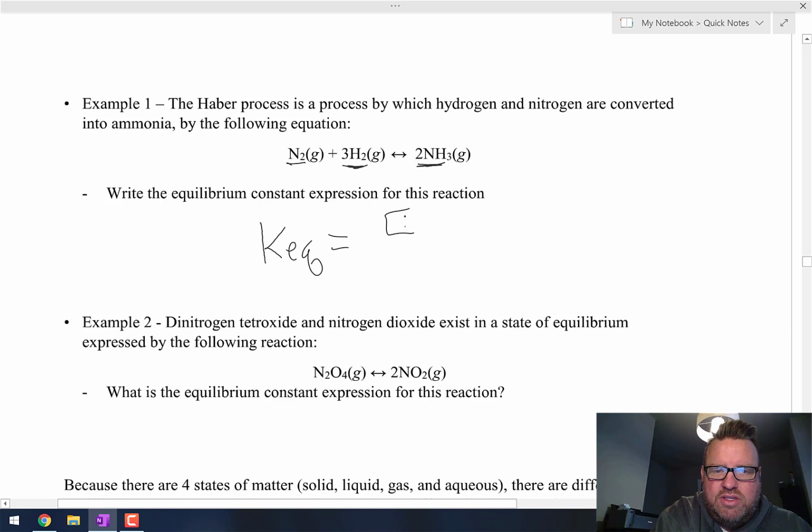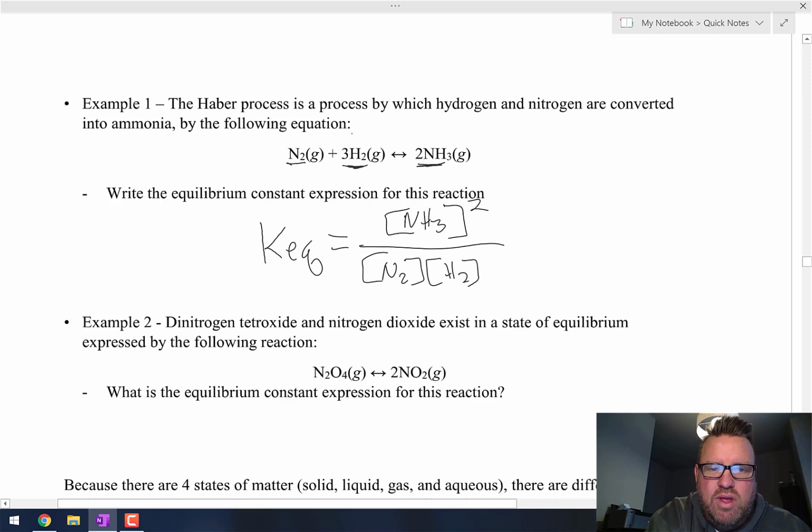So it's the concentration of NH3. Do we have to put those square brackets? Yes, you do. And that's going to be squared over the concentration of N2 times the concentration of H2. And again, because of that 3 there, just like that 2 that's here, I had to square NH3. With a 3 there, I have to cube the value for H2.